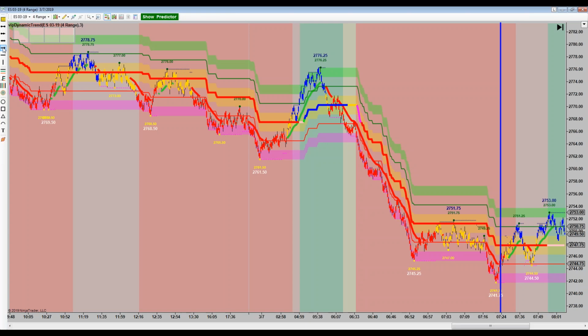So that would be this price action right here. What say you, team? T for trending, R for range-bound. We're trying to all get on the same page for what a range-bound market is.